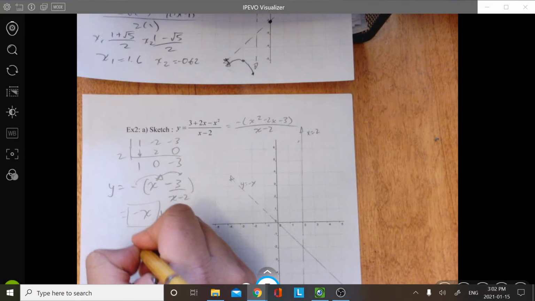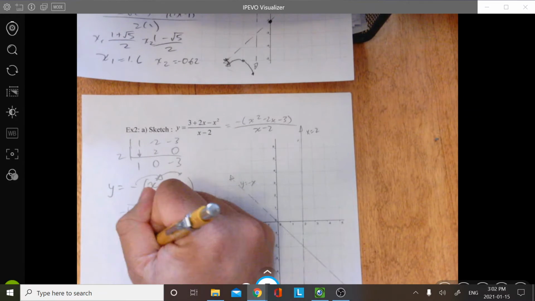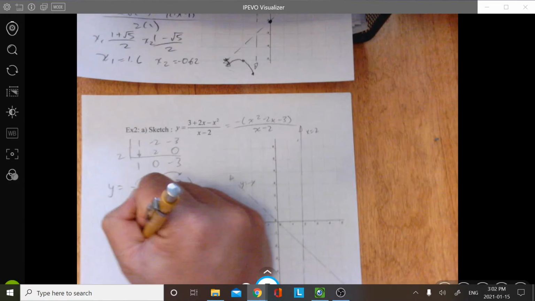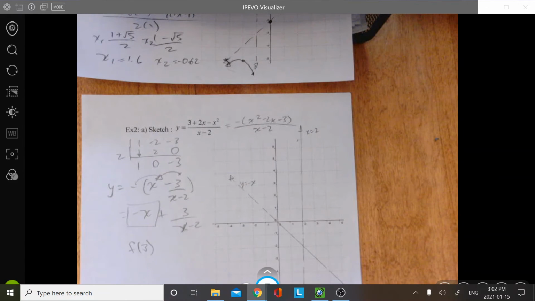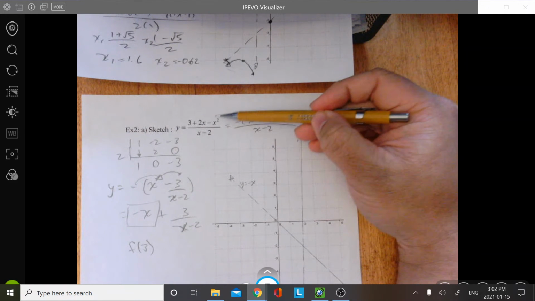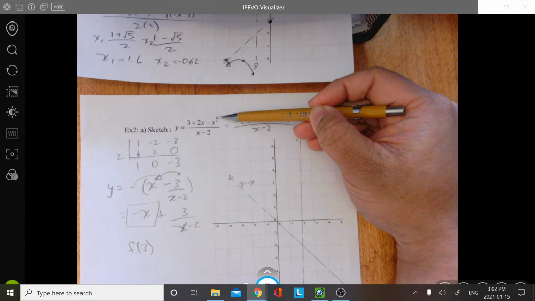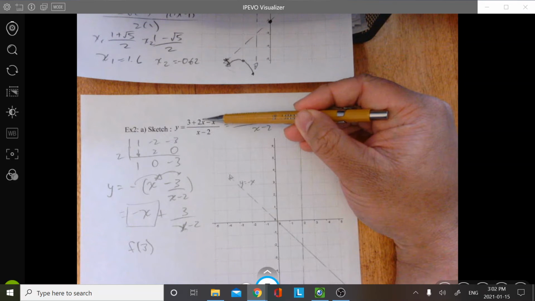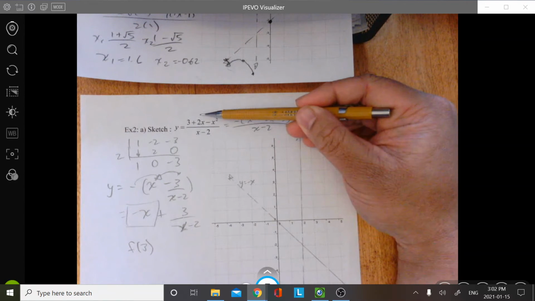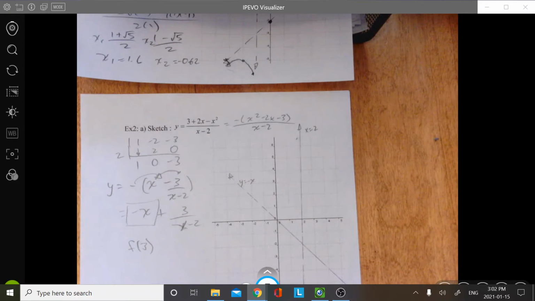Okay, and then again, we want to plug in points that are on both sides of my asymptote, just to help us sketch. So let's go f of 3. So 3 squared is 9, so negative 9 plus 6 plus 3 is 0. So you get 0 on the numerator.